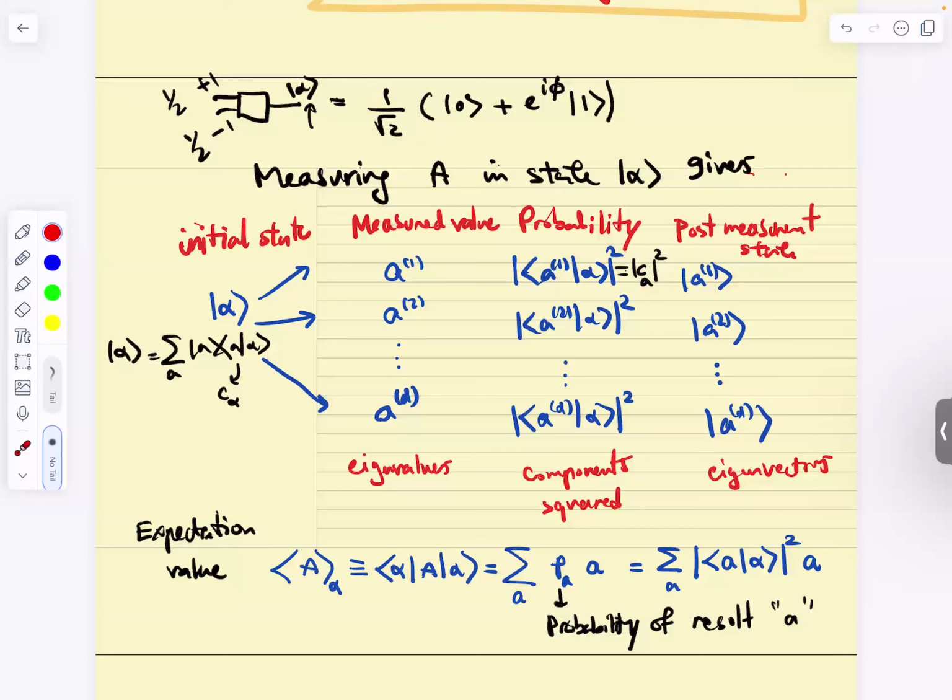If you take the norm of it, it's half. C1 is 1 over square root 2 times some phase. The norm of that is also half. So if you measure the expectation value of S_Z in this state, you're going to get 0, indeed. But it will depend on the state. Okay, that makes sense. Any other questions?